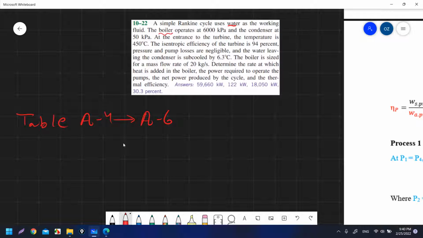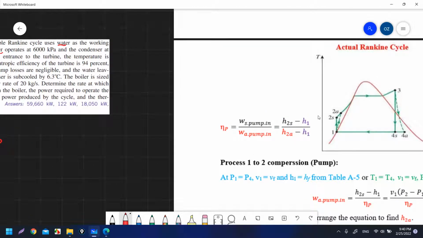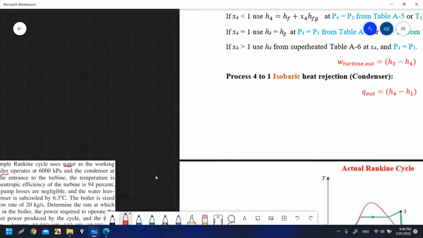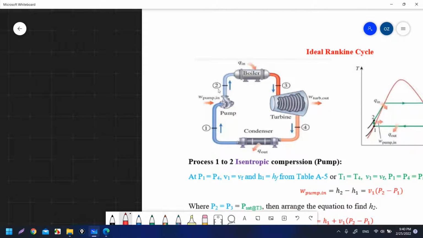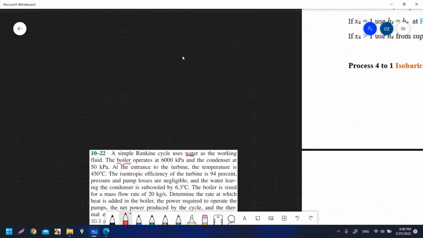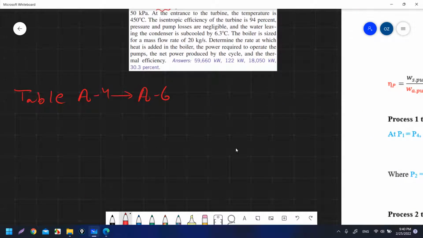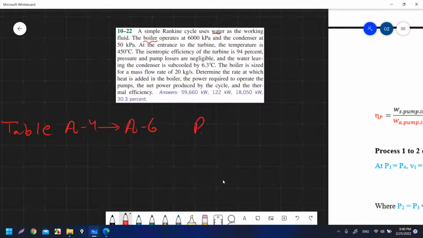So the boiler pressure is what? The boiler is from 2 to 3, right? So P2 equals P3 equals the boiler pressure, 6,000 kilopascal. And the condenser is at 50 kilopascal, so P1 equals P4 equals 50 kilopascal.